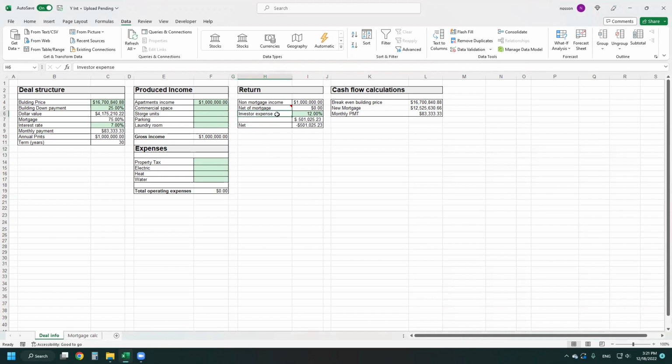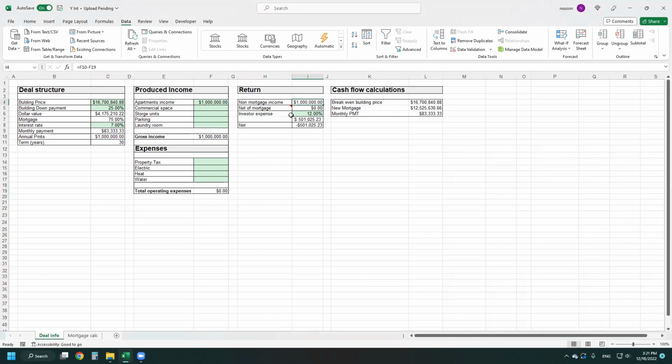We also have an investor that we have to pay back. This investor invested into the down payment. So we have a non-mortgage income, and then net of mortgage is 0, because the annual payments equal exactly our income.